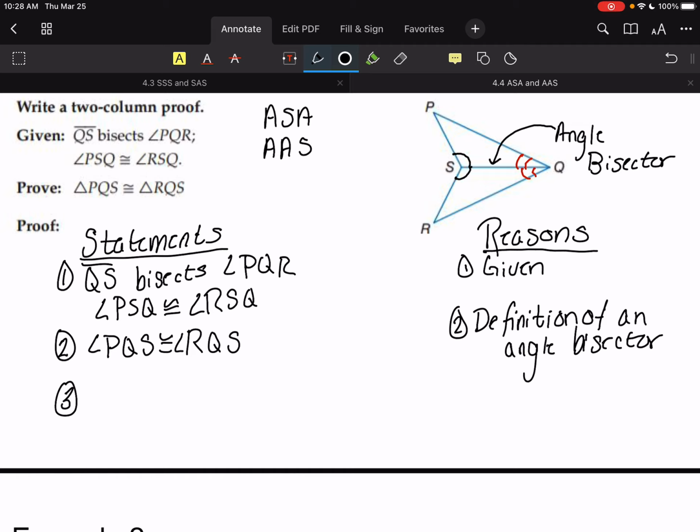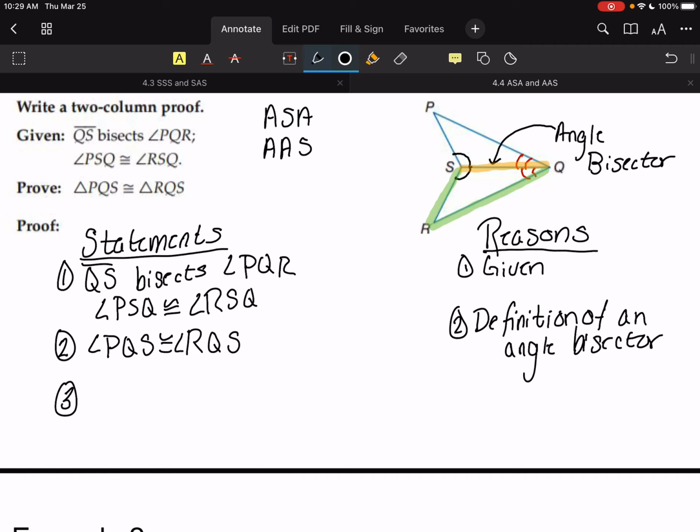So I have two angles, and I can either use a non-included side. Remember, your non-included side, I don't think I went over this, but I am now. The non-included side is either going to be RQ or SR. And the included side is the one that's between the two angles.